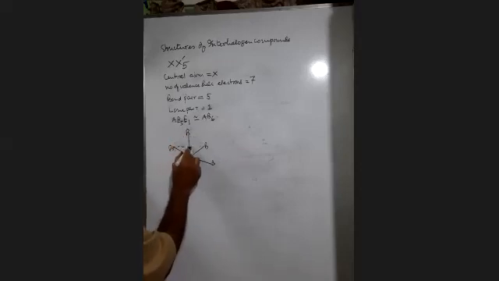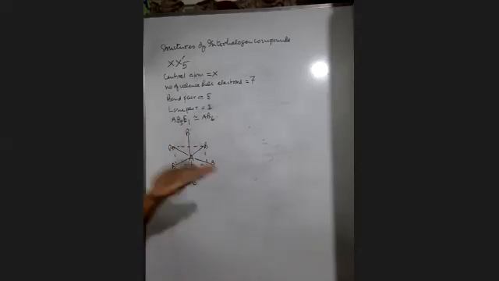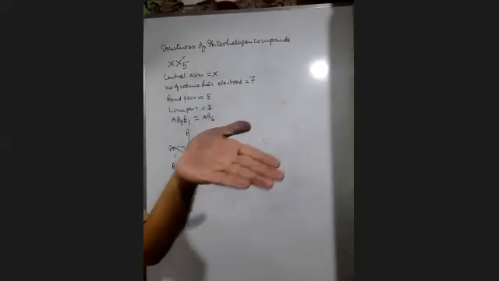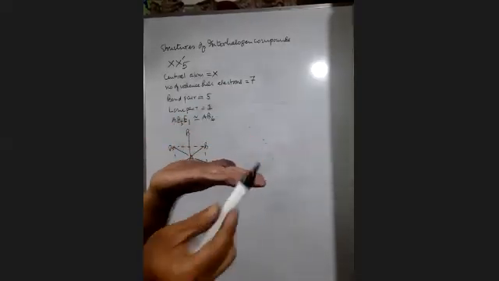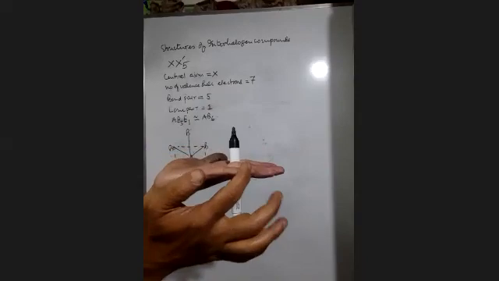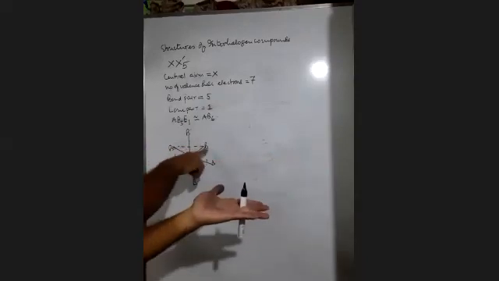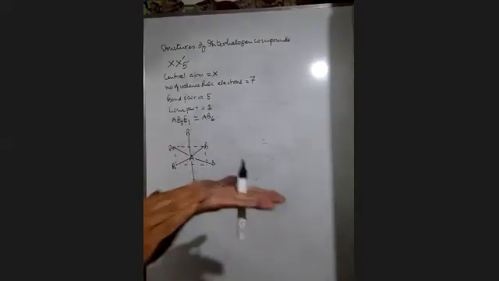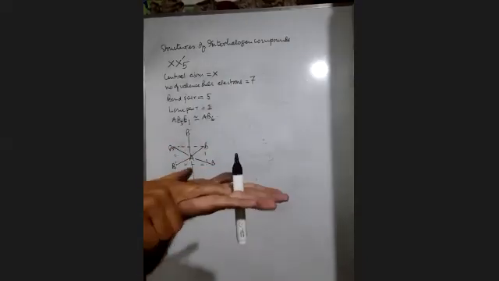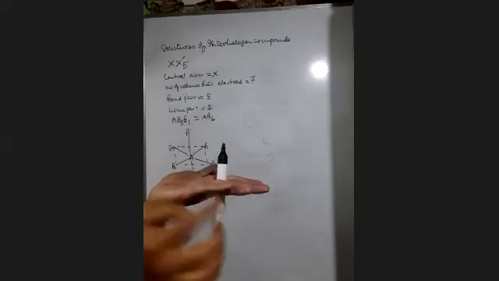Please don't think it is in the same plane. Here you have one, here you have one, here you have one, here you have one. So this A and 4 B's are in the plane. Here is the A, and this is the axis.